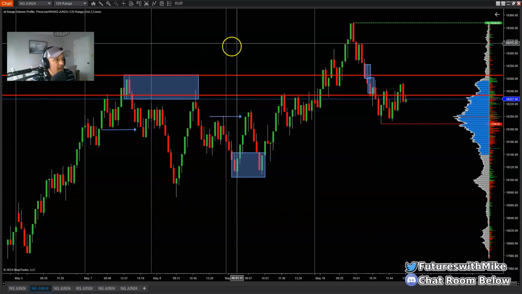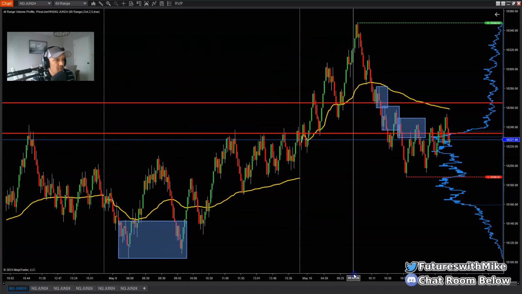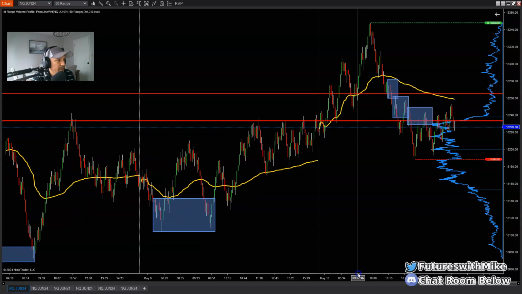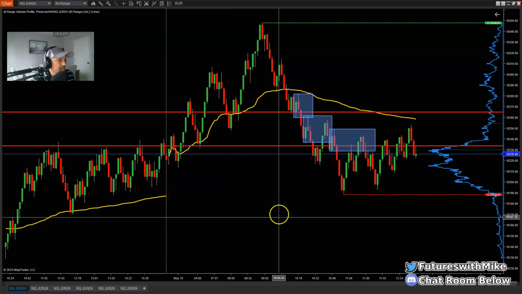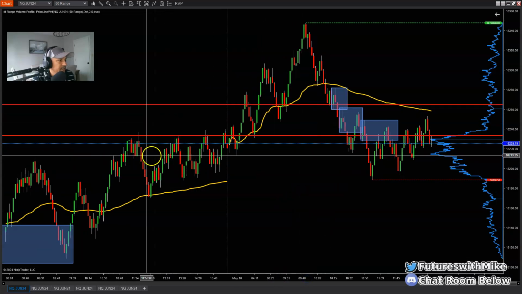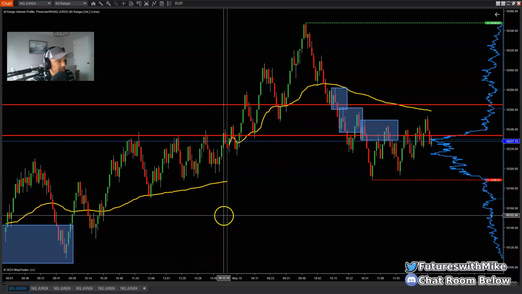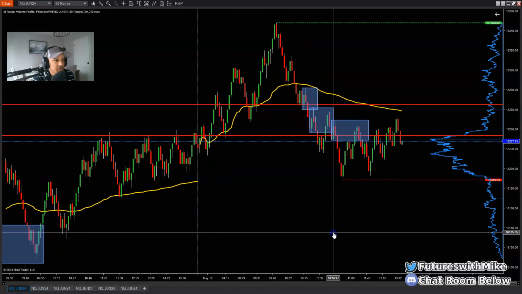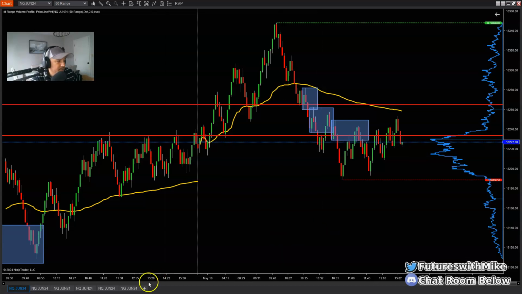But right now, looking at the 60 range chart, yeah, we look bearish. You can see that we have broken through this minor area of structure to the downside. So we can look for opportunities to go short, of course, but the overall direction is bullish right now.